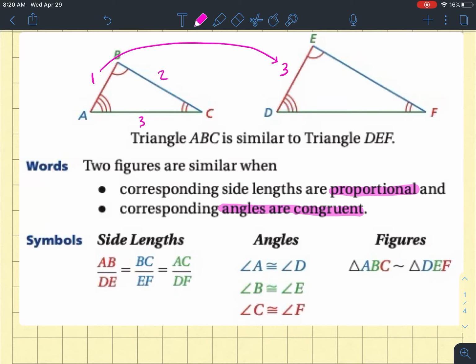What do we multiply by? We multiplied by 3. So that means the bigger triangle is 3 times the size of the smaller triangle. So what value would go here? What do we do with this 2? We would also multiply it by what? So this would be 6.